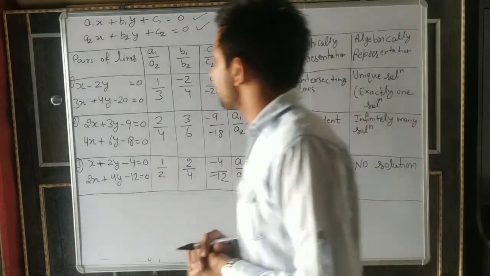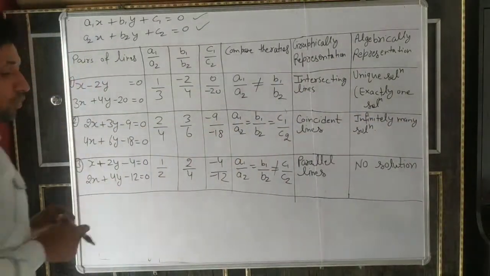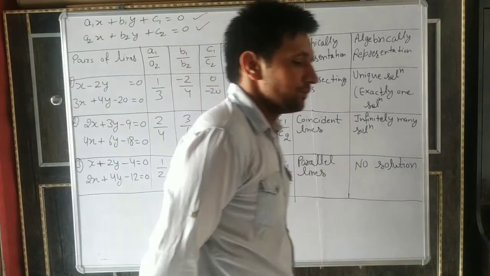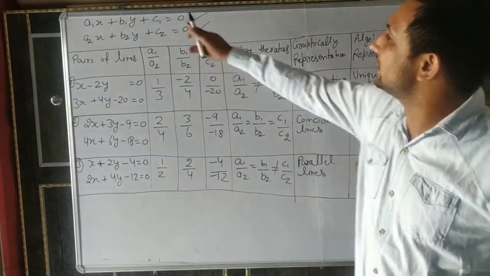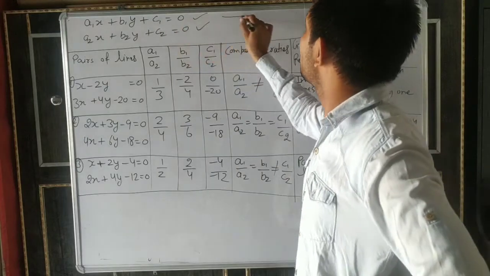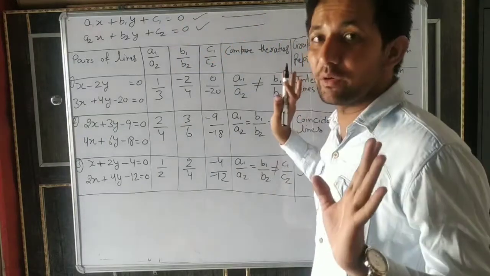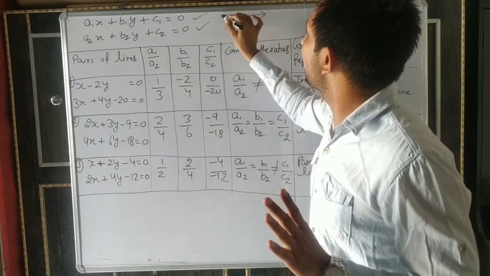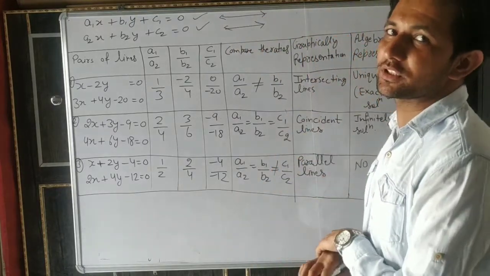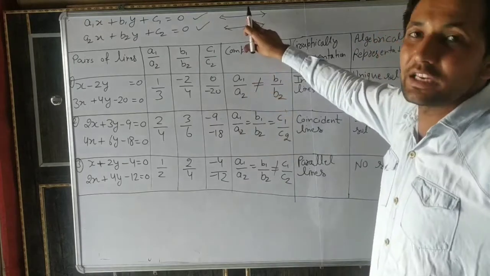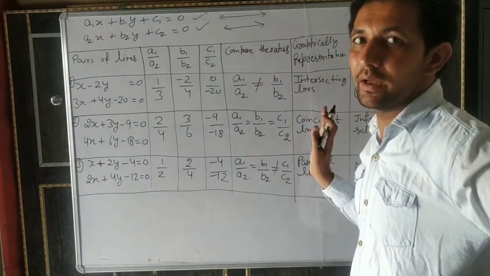We have already learned that the graph of a linear equation in 2 variables is always a straight line.